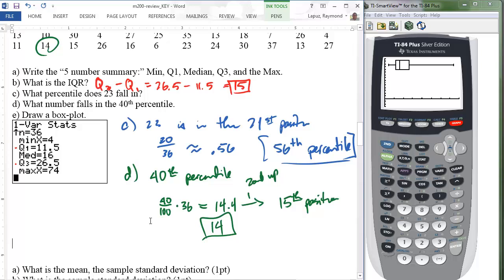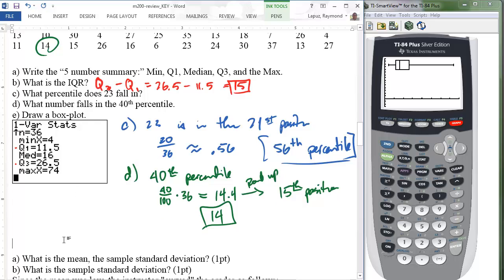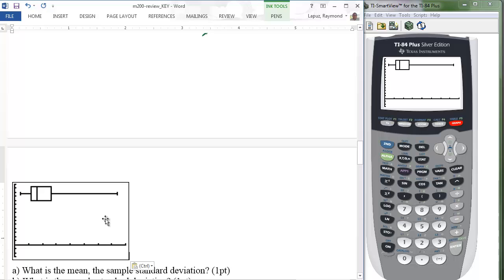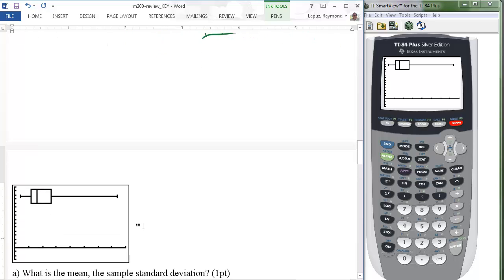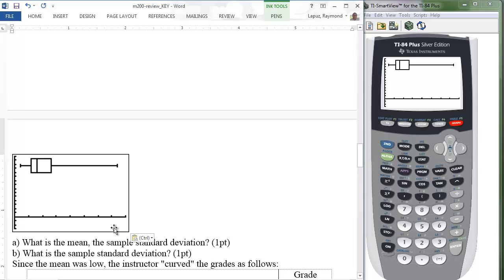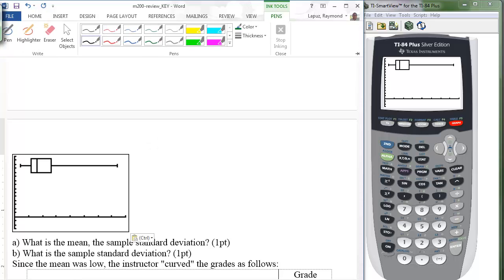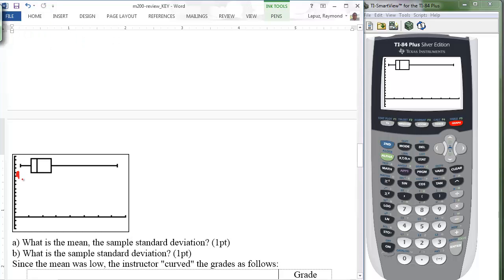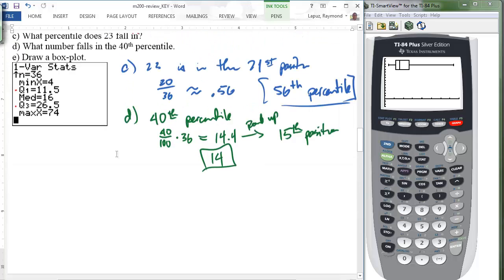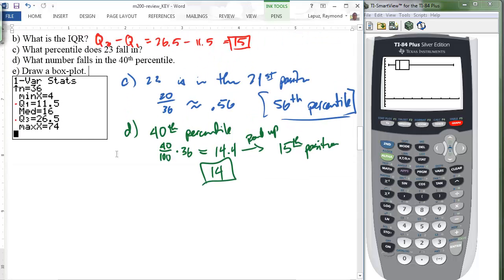Let's see how this is going to fit in our notes here. This'll do. So this is our box plot. And one more thing that I'd probably like to see is a labeling of the box plot where you have your values. Your min is 4, your maximum is 74, your median, I believe that was 16.